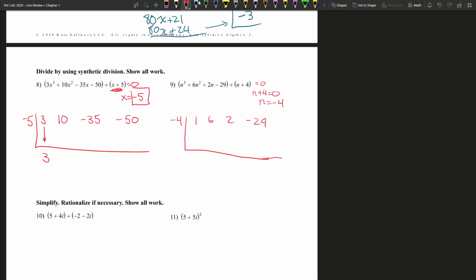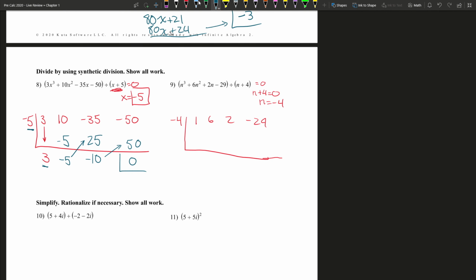We multiply the first value times what's out here, so we get negative 15. And then we add it down. So 10 plus a negative 5, that's negative 5. Then we multiply up to get positive 25, and then add down to get negative 10. Multiply up to get 50, add down to get 0.